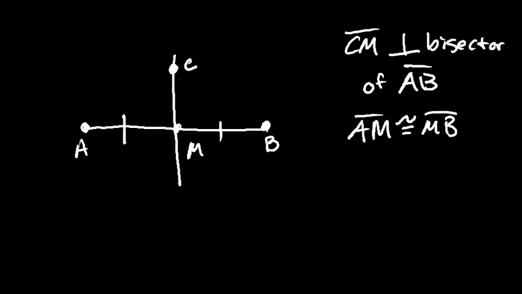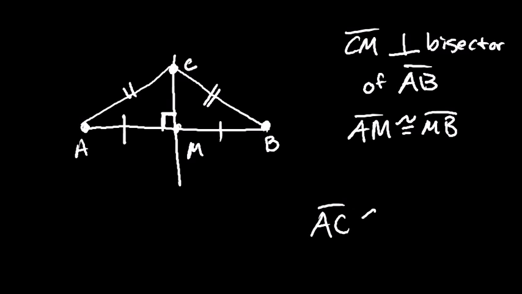And this theorem says that if I have a point on that bisector, so we're referring to point C here, if I connect that to the endpoint A and to the other endpoint B, those are going to be congruent as well. Keep in mind that has to be a perpendicular bisector. Alright, so this theorem overall concludes with AC is congruent to BC.